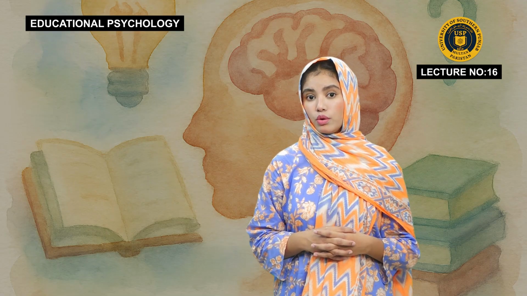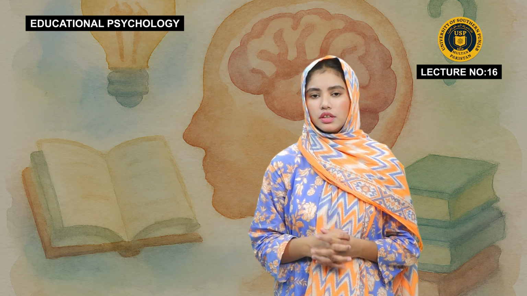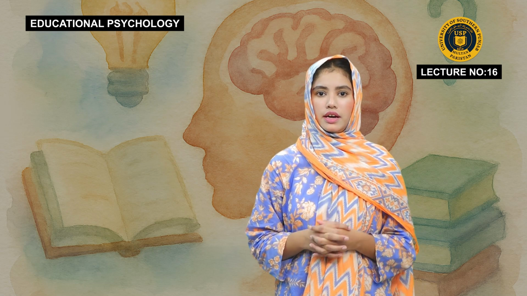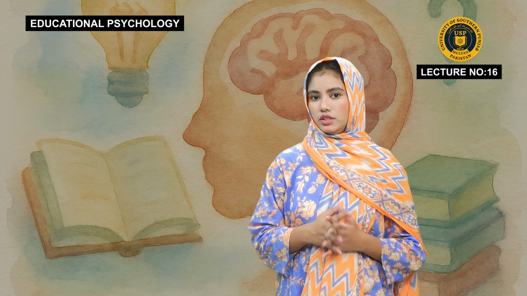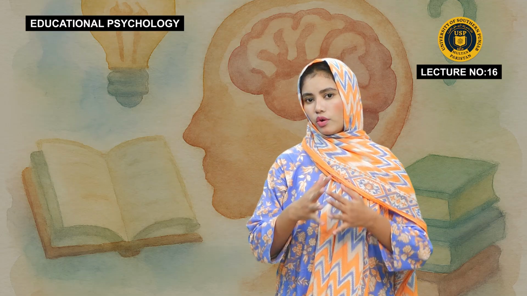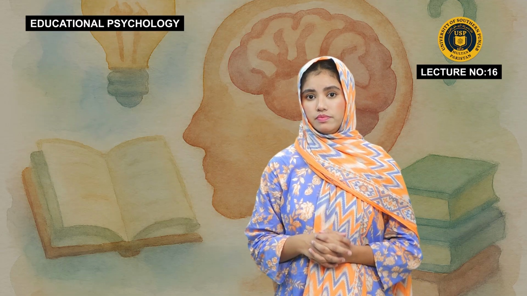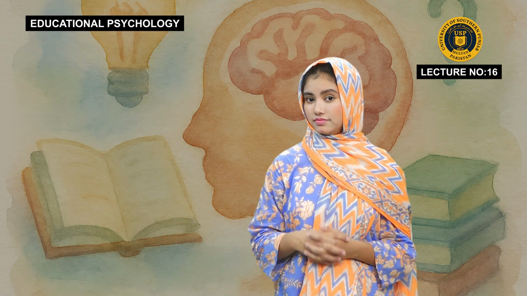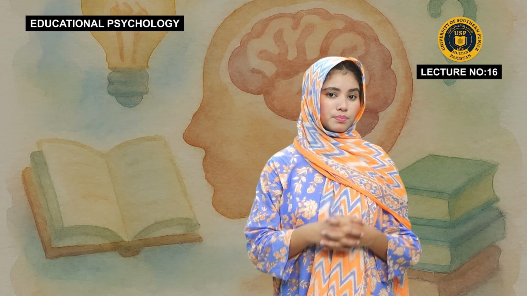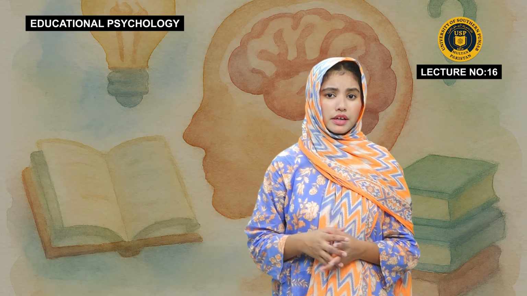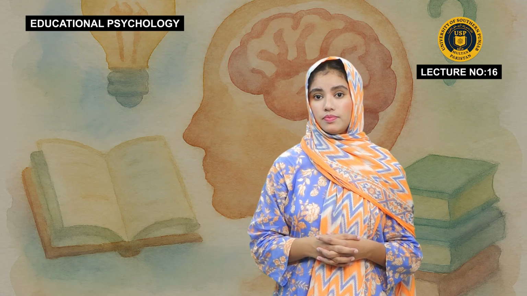This perspective looks at how learners take in information, store it, and retrieve it when needed. We explored the information processing model, which compares the mind to a computer, with sensory input, working memory, and long-term storage.